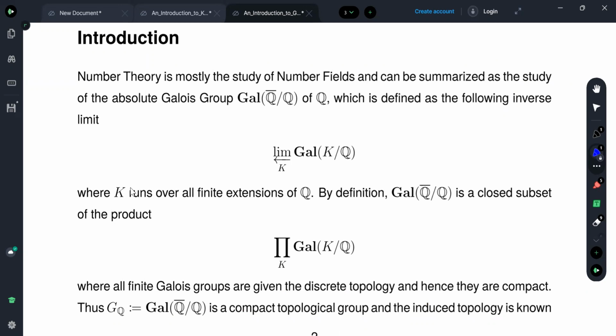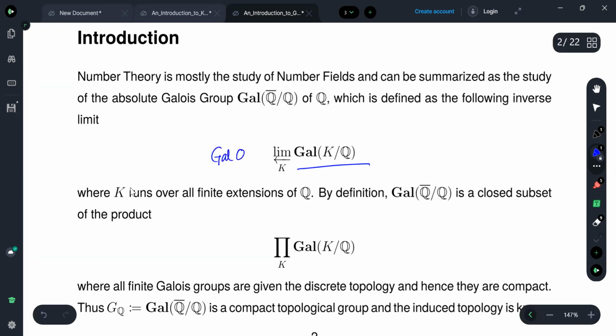As we know, number theory is mostly the study of number fields, and that can be summarized as the study of the absolute Galois group, which is the Galois group of the algebraic closure of Q. This can be defined as the inverse limit of the Galois groups of all finite Galois extensions of Q. So here is the definition of this Galois group Q bar over Q.